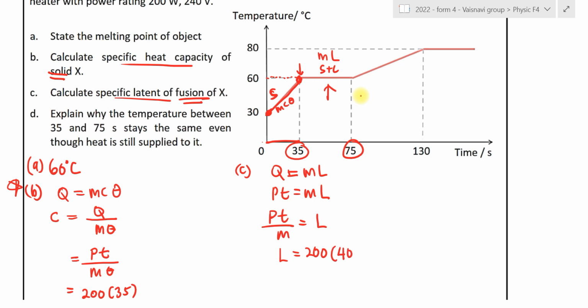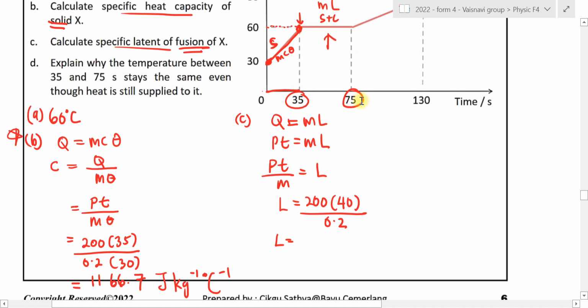So 40 second. Over mass dia 0.2 kg. Berapa jawapan dia? 40,000. Ya, 40,000. Unit. Dah lupa tu. Joule per kg.